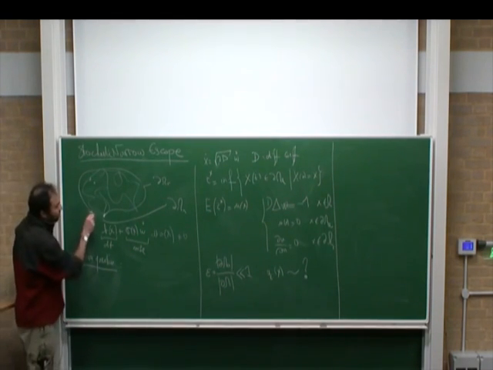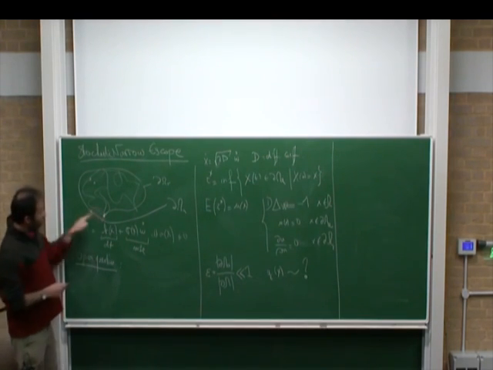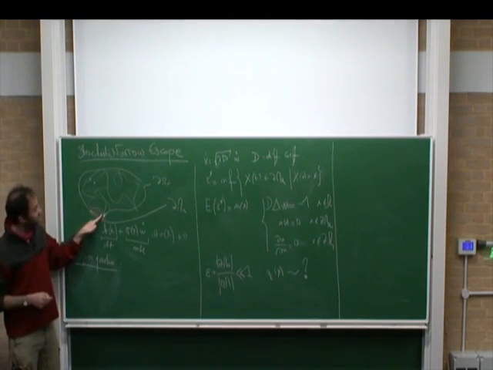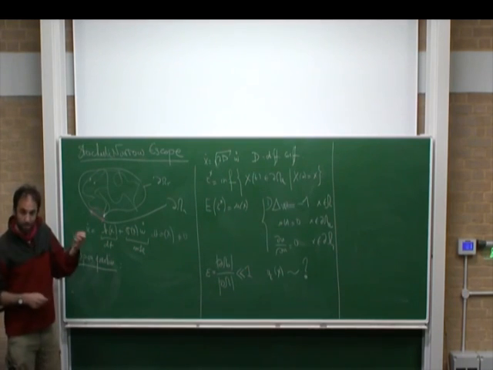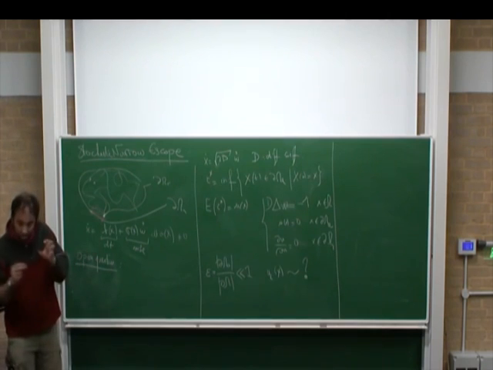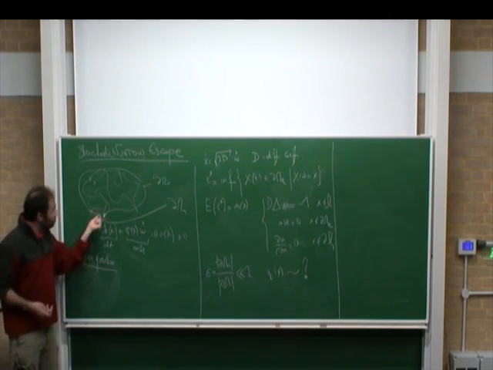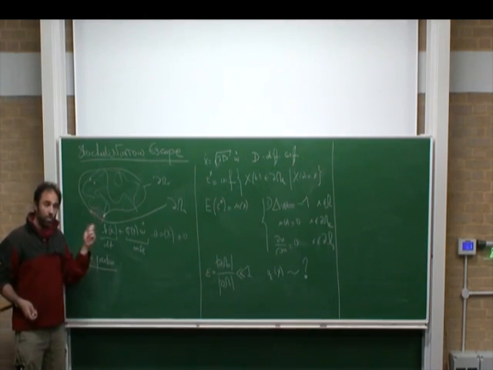So we have here the absorbing boundary. And here you have a neighborhood where, if you start in this neighborhood, and the neighborhood depends on epsilon, the time when epsilon goes to 0 will not go to infinity because you can always escape very quickly.